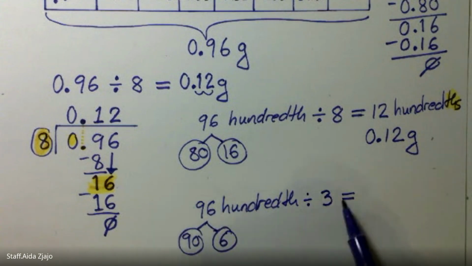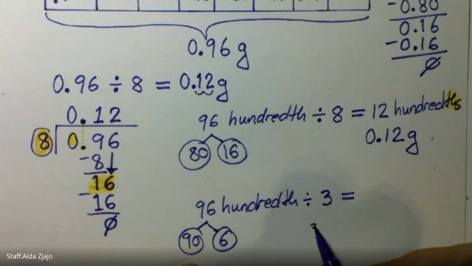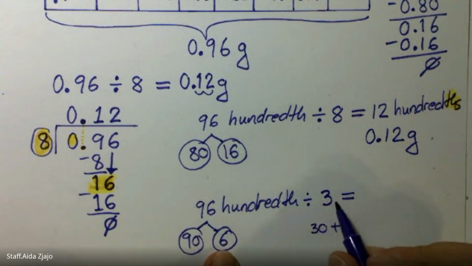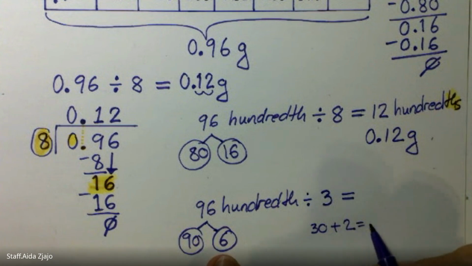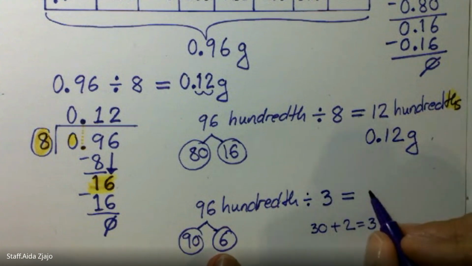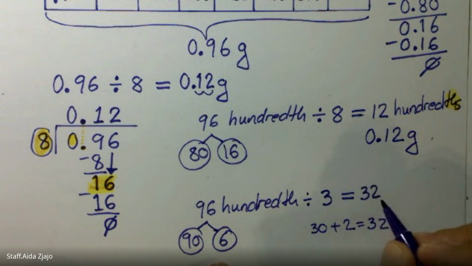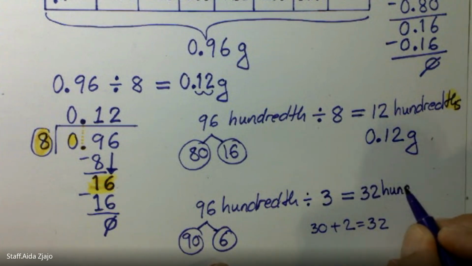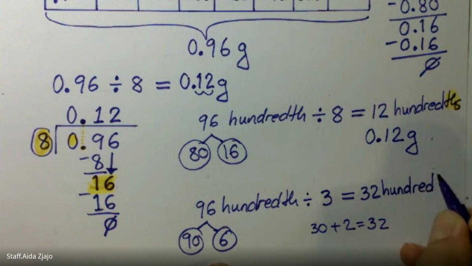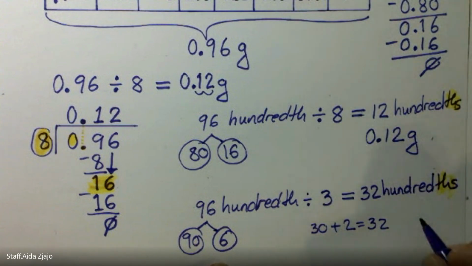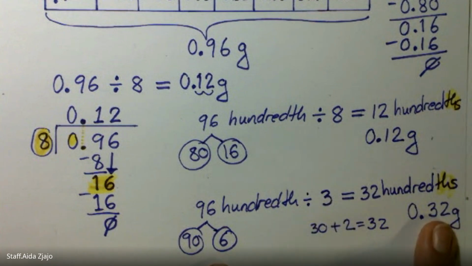So 90 divided into 3 is 30, and 6 divided into 3 is 2. Put together, it's 3200, so that equals 32 hundredths. And that 32 hundredths is 0.32. So each of the 3 servings will have 0.32 grams.